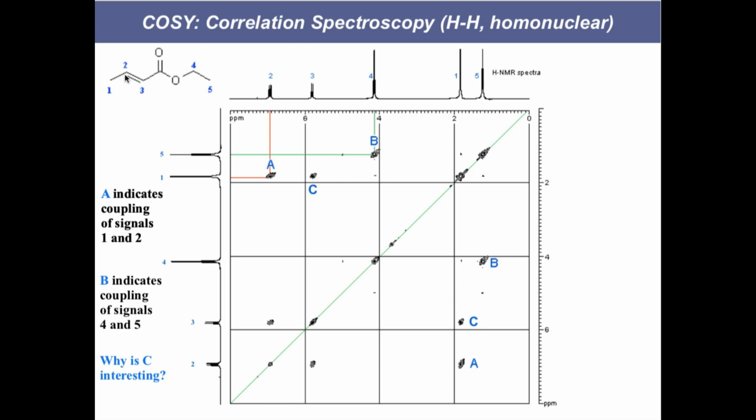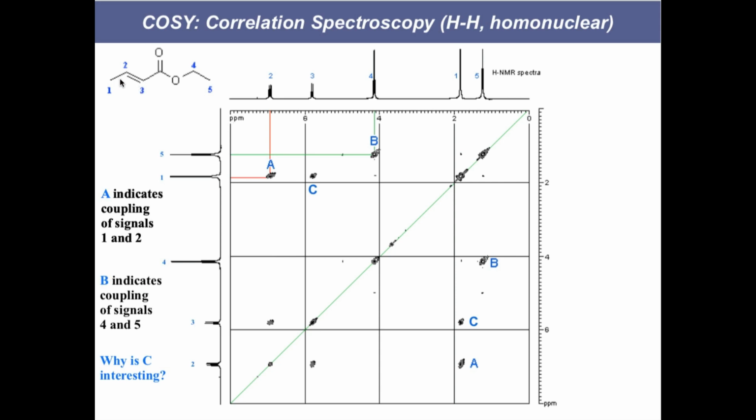Well, a pi bond is a rigid structure, and no matter how the other sigma bonds rotate, the hydrogens on carbon 1 and the hydrogen on carbon 3 are always going to be in a certain proximity to one another. So 1 and 3 will be correlated, but notice they'll only be correlated if it's a trans double bond.